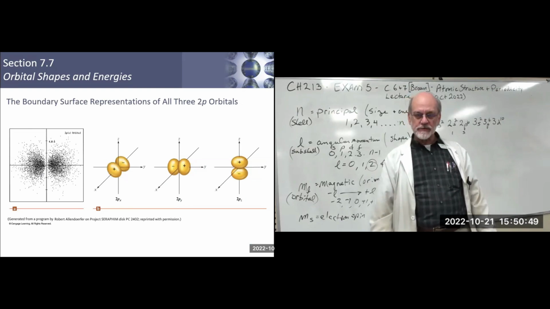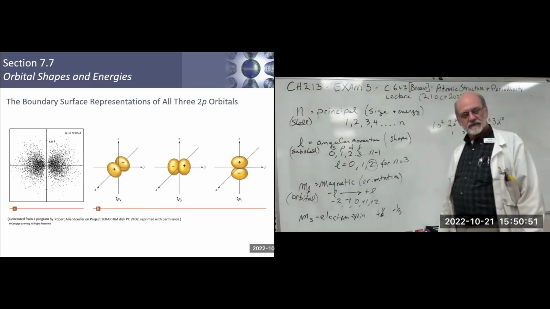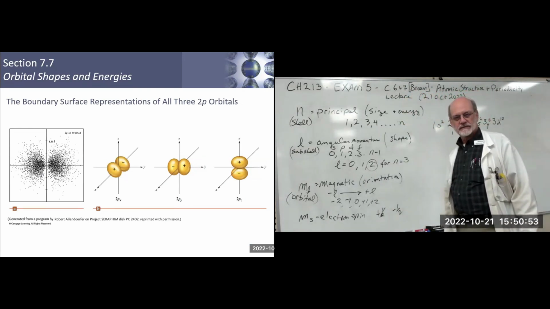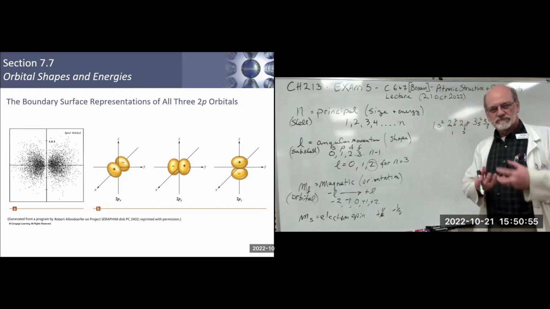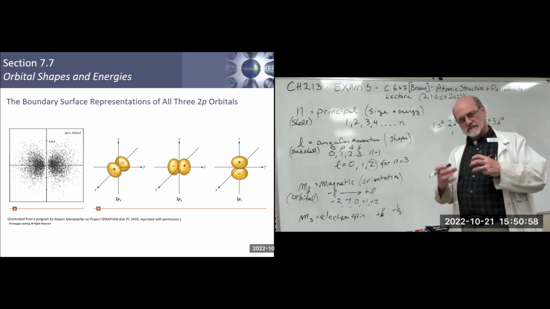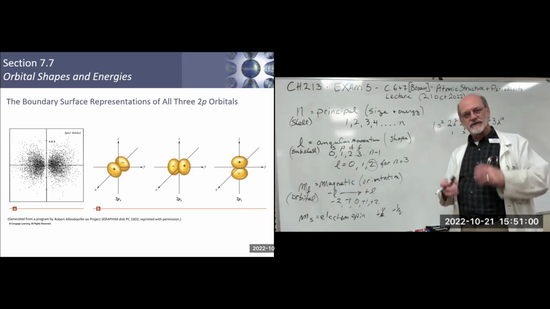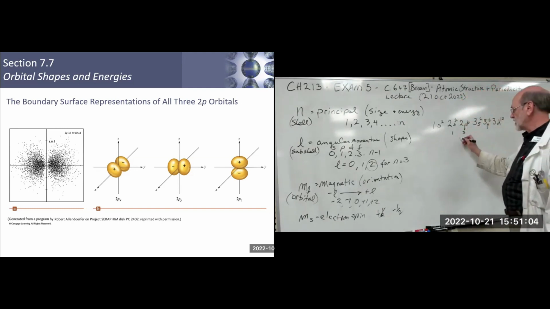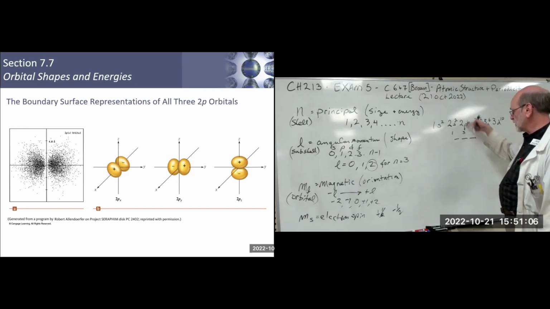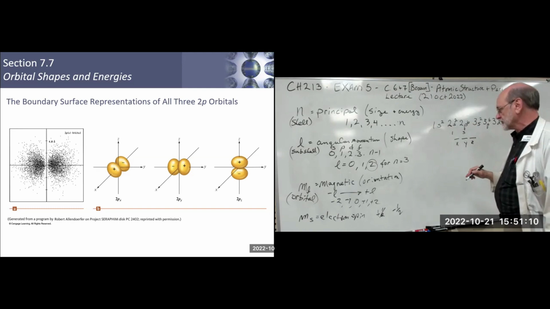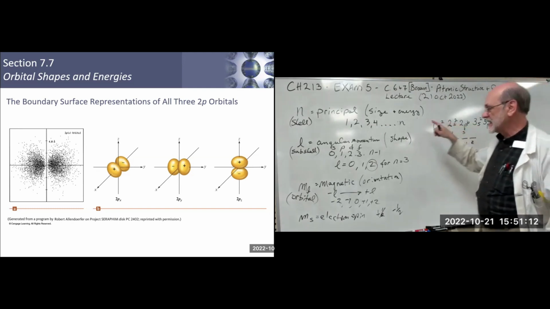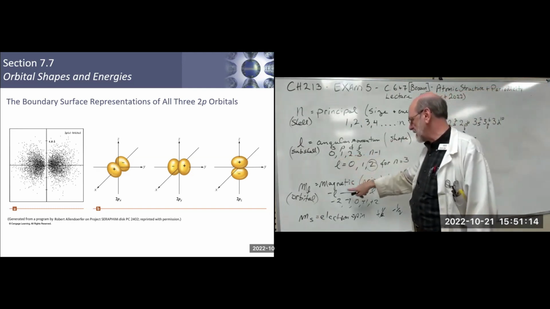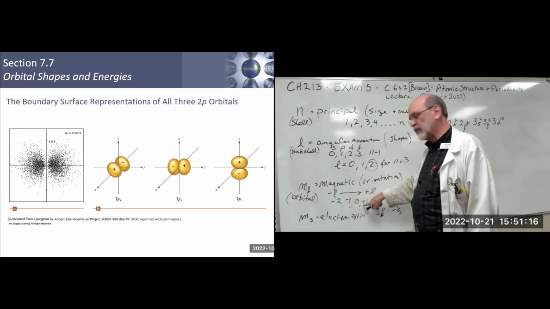For the p orbitals, they look a little different. They're kind of like dumbbells, or I don't know, funny looking eggs. But you can have 3 of them, right? You can have 3 for the p's. Sometimes we call them x, y, and z. But p is 1, so you can have -1, 0, +1.